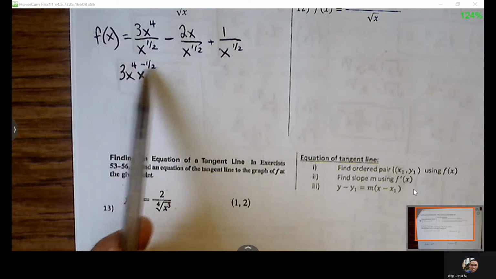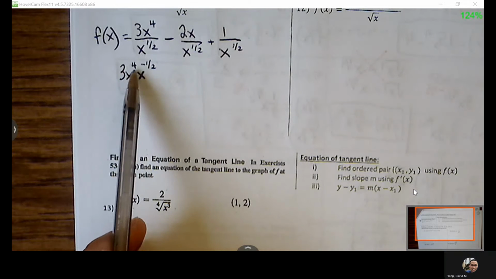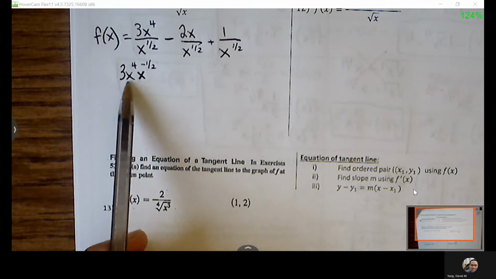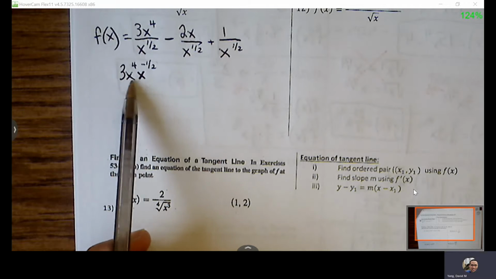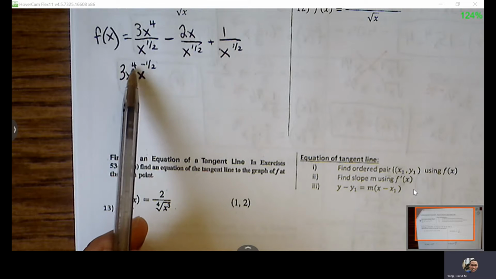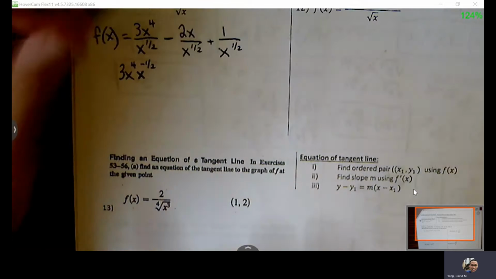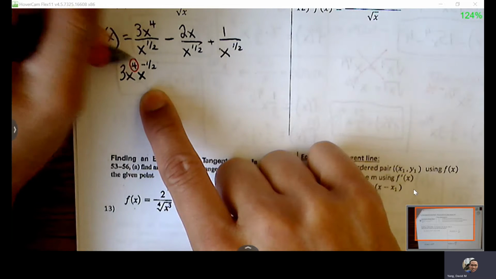So how do I clean this up here? How can I merge these x's together? Common denominator. So 4 is the same thing as what? Or 8 over 2, right? So 4, I'm going to convert it to 8 over 2.